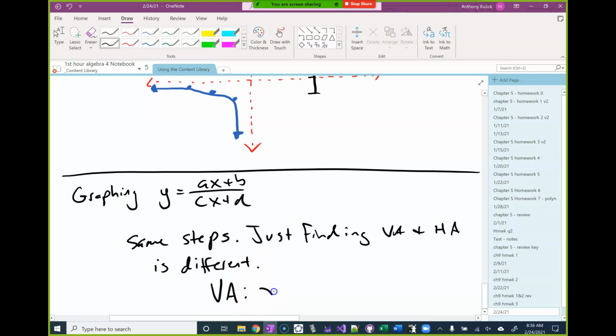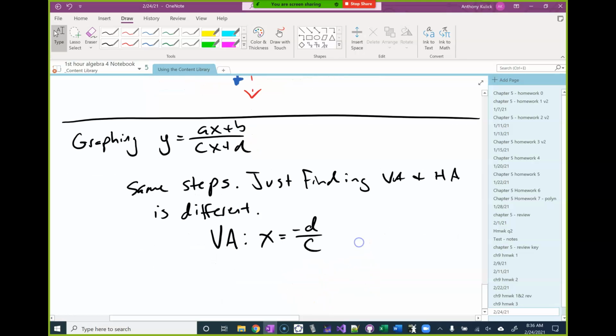My vertical asymptote is going to be negative d over c, and my horizontal asymptote is going to be a over c. But otherwise, we're going to do the same procedure as we did in the previous problem. So the only change is how I find those two asymptotes. Not a big deal, right? So let's do an example.